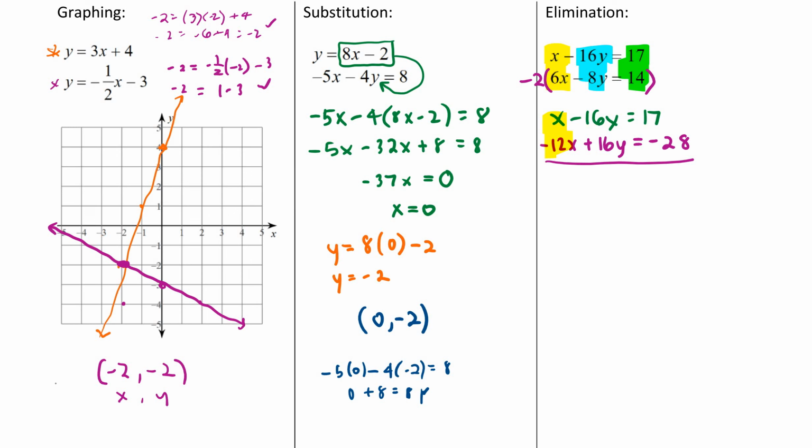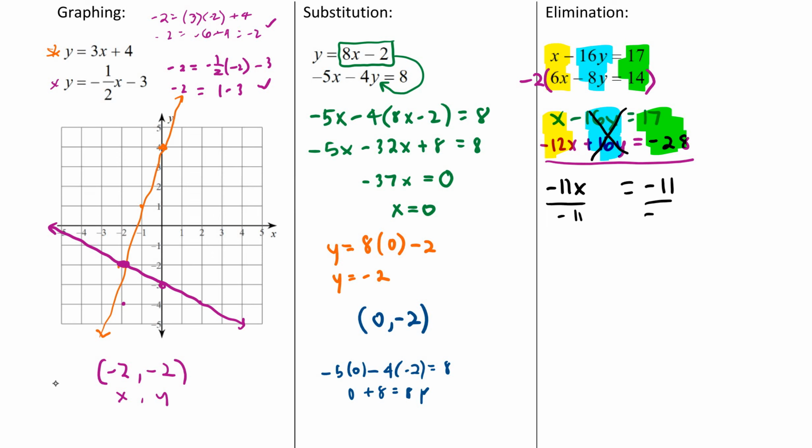So in this case, when I add positive x to negative 12x, I get negative 11x. Negative 16y plus 16y is going to eliminate those. And then positive 17 minus 28 gives me negative 11.